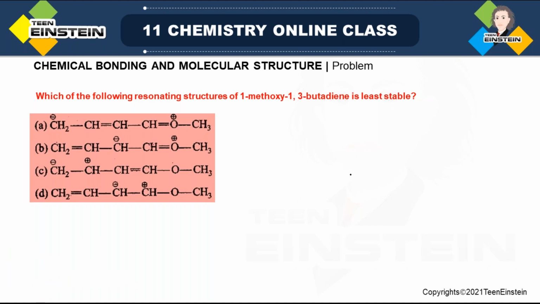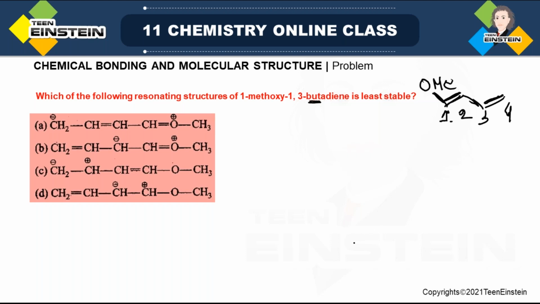Suppose the structure is not given and you have to draw it, then what you will do: 1,3-butadiene means total 4 carbons, this is 1, this is 2, this is 3, this is 4. At 1 and 3 positions there will be double bonds, and at position 1 there is a methoxy group. So this is actually the molecule, though it is written in different ways.